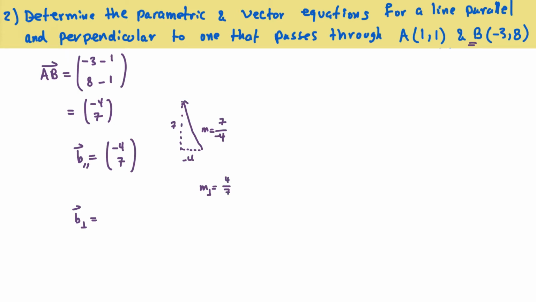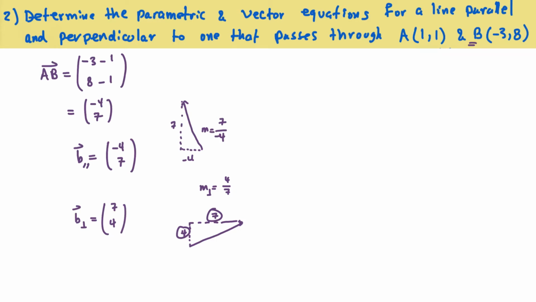So if we were to draw this line, the rise is going to be 4, and the run is going to be 7. So we move 7 in the x direction and 4 in the y direction.